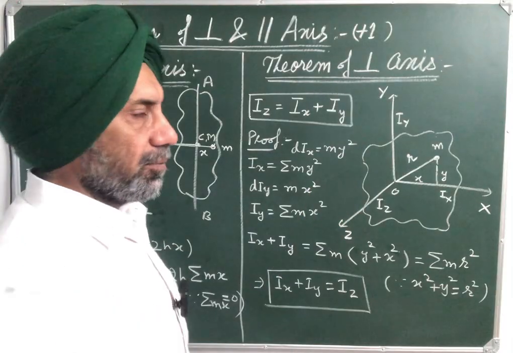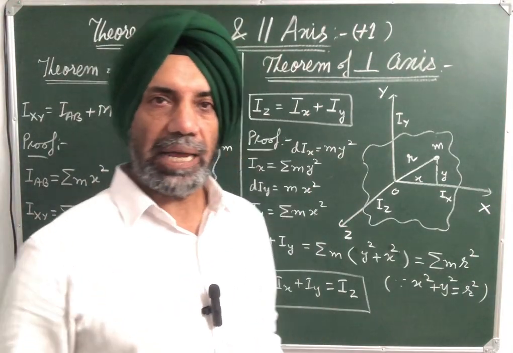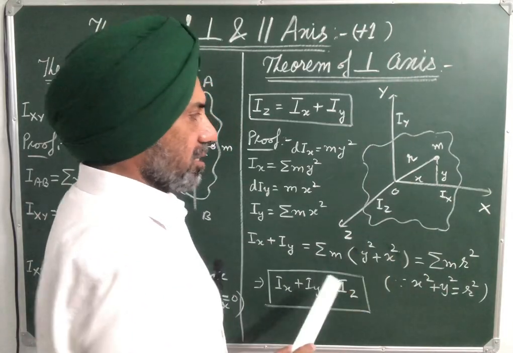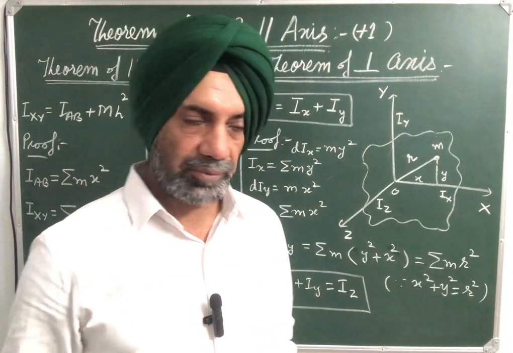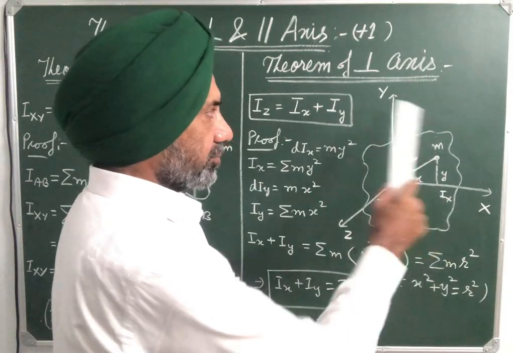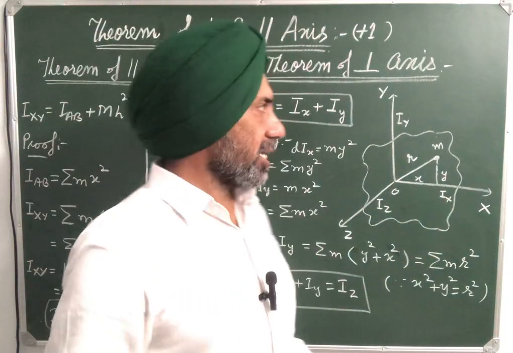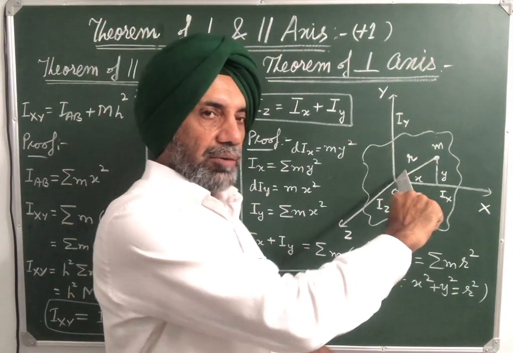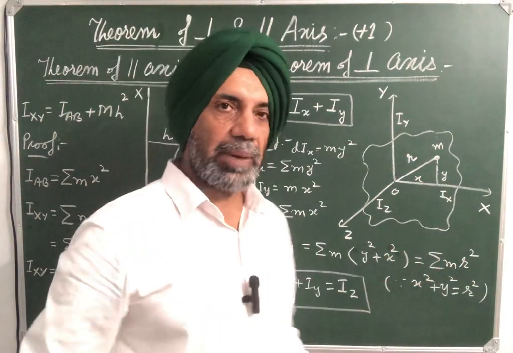First of all, the statement of theorem of perpendicular axis. Suppose we have three axes, x-axis, y-axis, z-axis, which are mutually perpendicular to each other, and a plane lamina lying in the xy plane, and the z-axis is the axis perpendicular to the plane of the lamina, or xy plane.